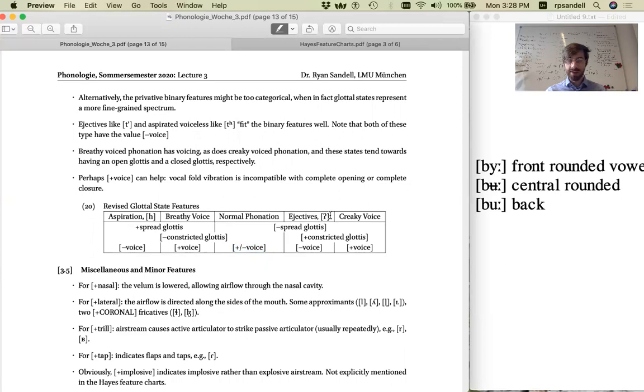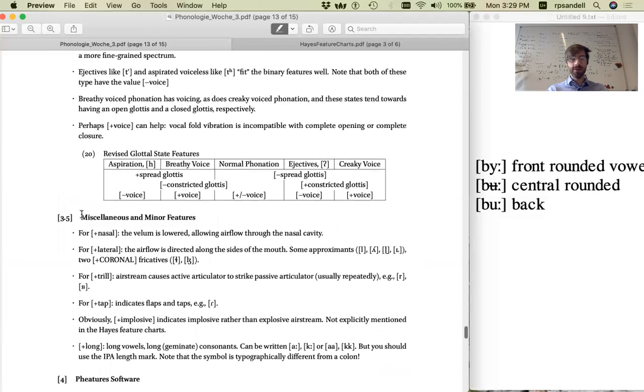And then it might have been better to invert creaky voice and ejectives here to show that ejectives achieve this perfect constricted glottis state, whereas creaky voiced sounds can't keep the vocal folds tightly together because they are voiced. Namely, they are trying to allow the vocal folds to vibrate.